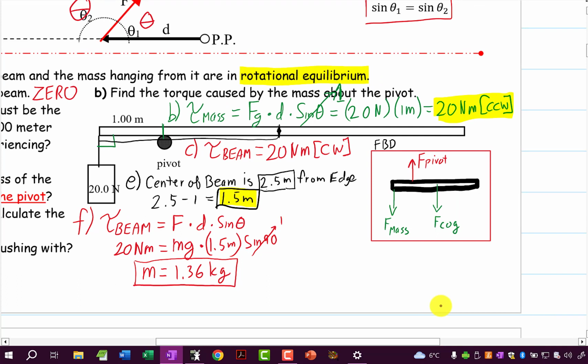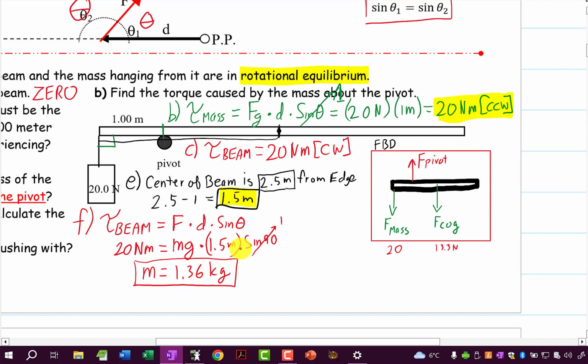So one more thing we need to do, and that is G, what is the force pushing up with? If you take a look at it, we were given that this is 20 newtons, the mass. We just calculated that this is 13.3 newtons. Maybe we didn't calculate that.